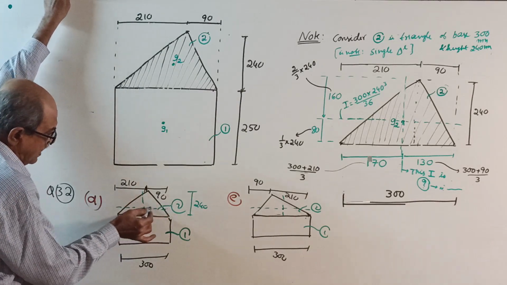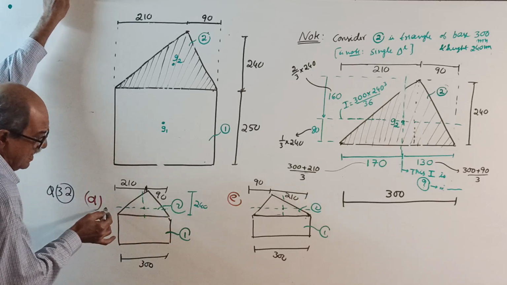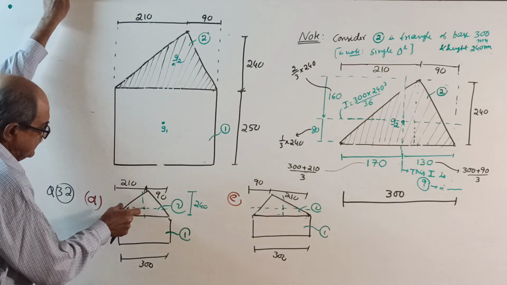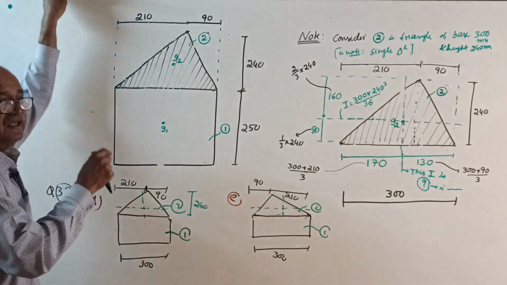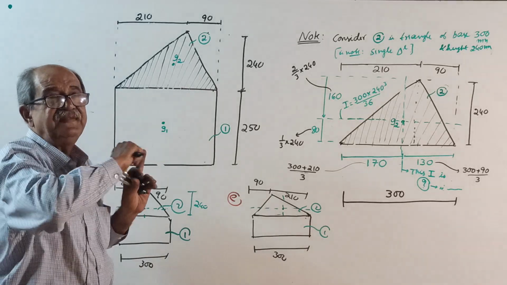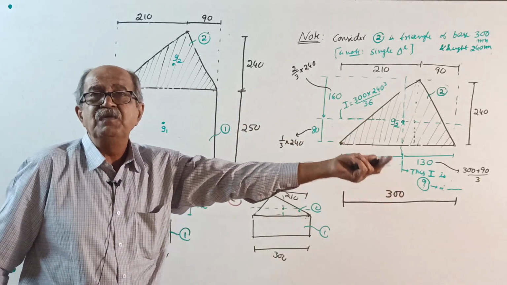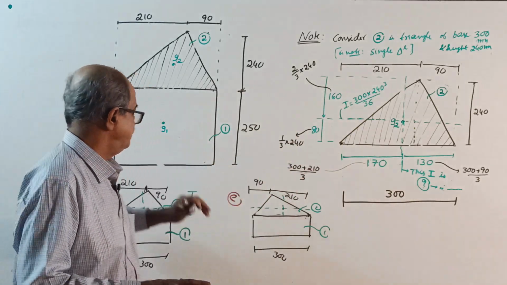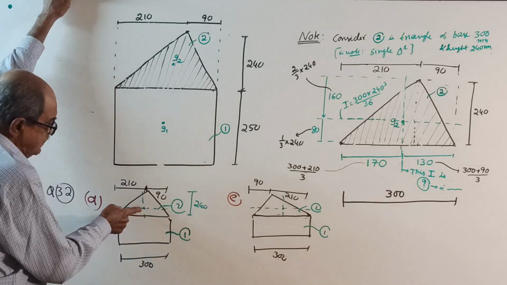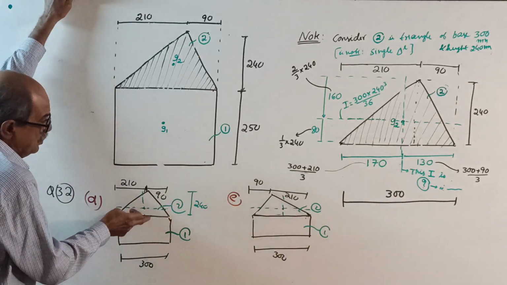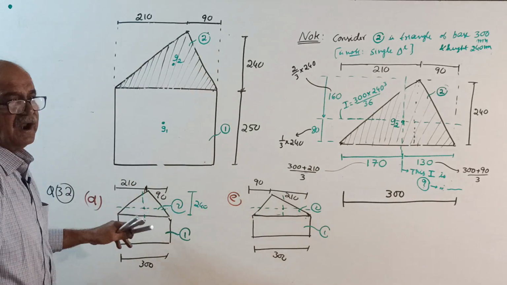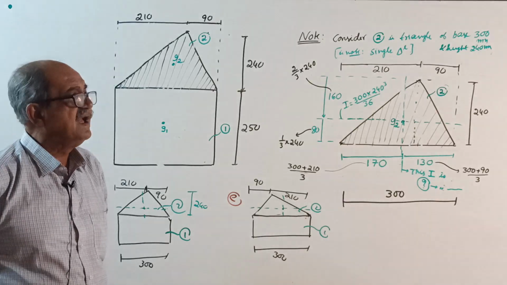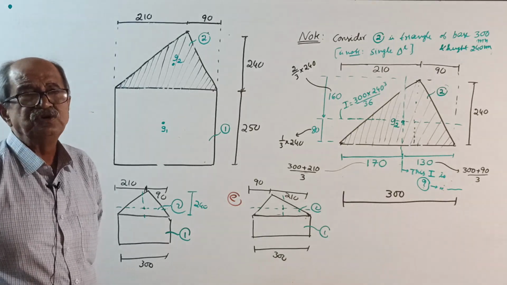See, about XX, the horizontal centroidal axis, no problem. But the vertical centroidal axis, problem. This distance is known to you. The formula is there. See, (B plus B1) by 3 from here, or (B plus B2) by 3 from that side. That I all explained. I will explain once again. Therefore, for these two questions, if you divide into two parts, one rectangle and one triangle, that triangle is not a right angle triangle and also not an isosceles triangle.